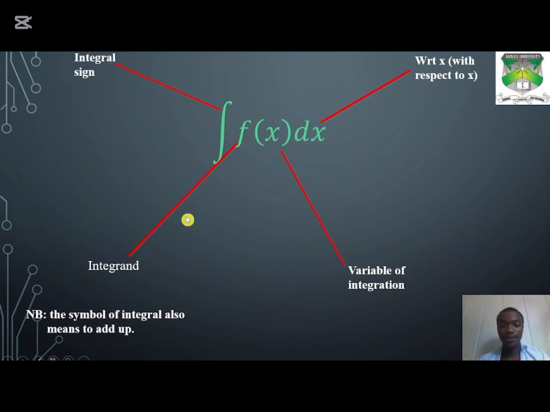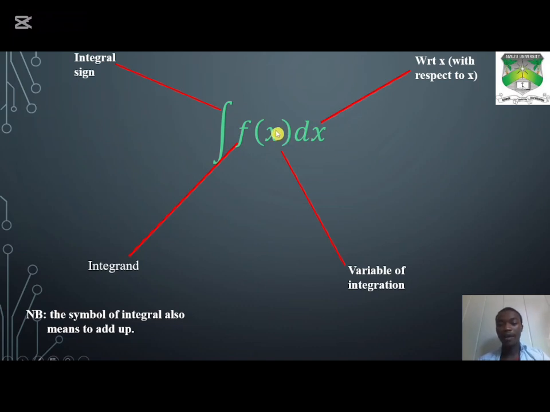This one is the integrand, and this one is the variable of integration, and this one at the end, dx, is with respect to x. When we read this, it is the integral of f of x with respect to x.